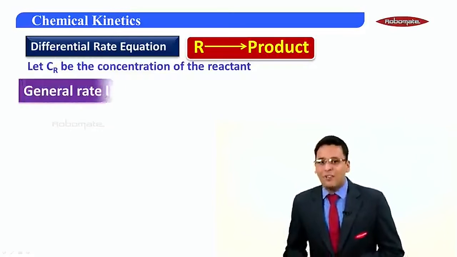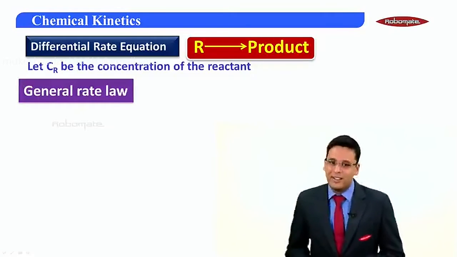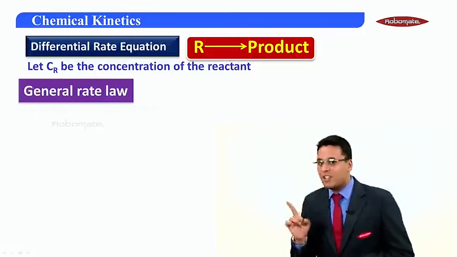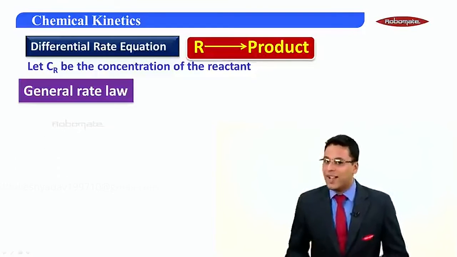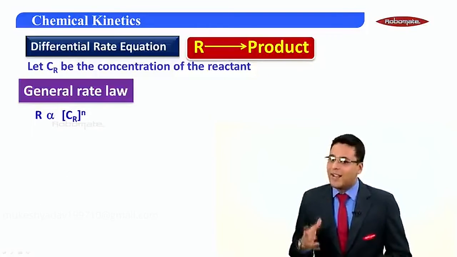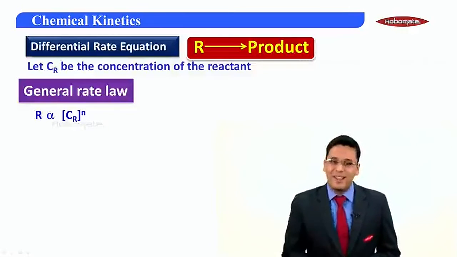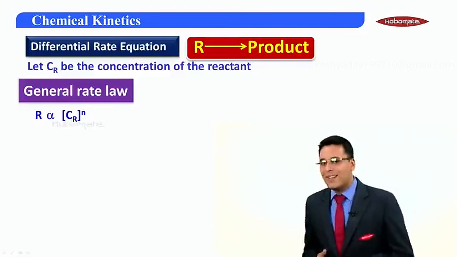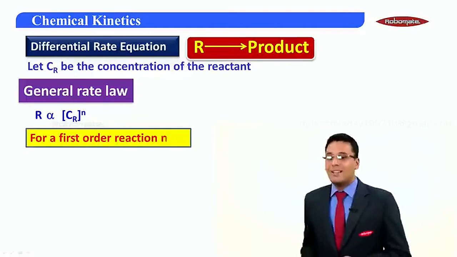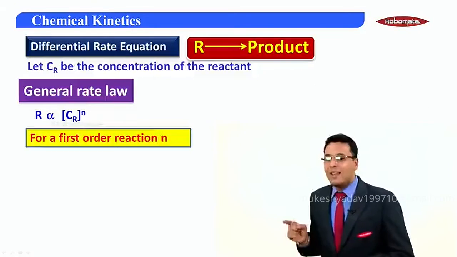Once again, we apply the general rate law and write the rate law expression for this reaction. So we get R is directly proportional to the concentration of the reactant raised to n. Once again, it is a first order reaction, so n is equal to 1.